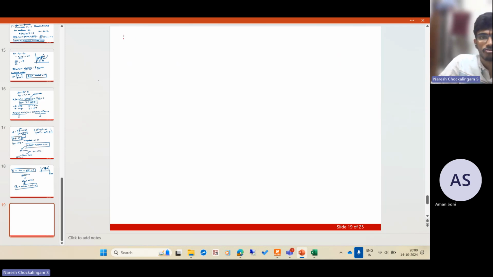So I have an R of x, which is a vector, given by x1 square plus x2 square minus 4, x1 square minus x2 plus 1.